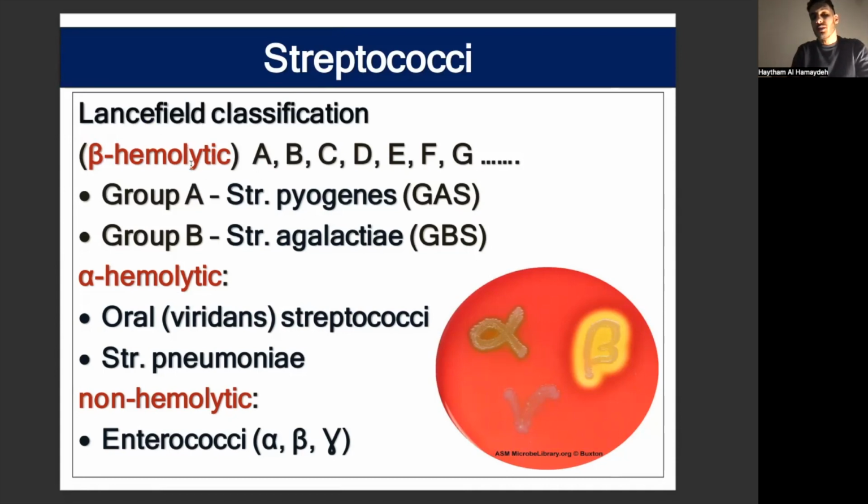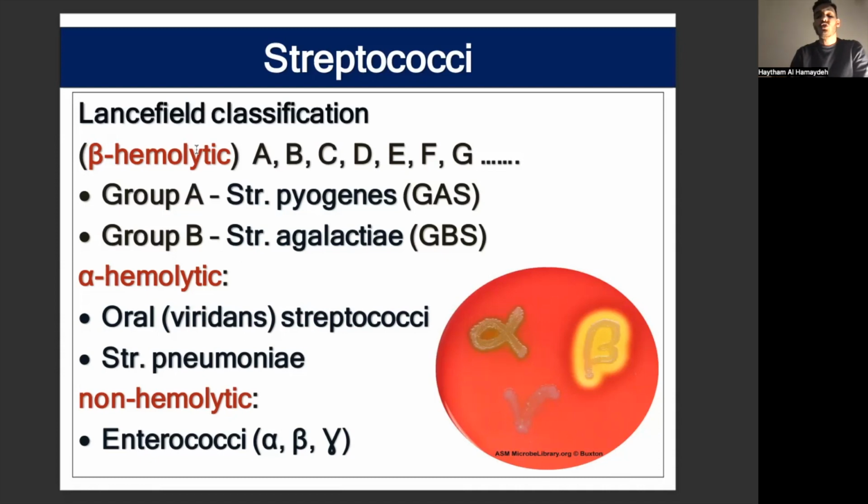Alpha hemolytic, and just to tell you, beta hemolytic means that they're able to fully digest hemoglobin or RBCs to release the iron out of them and use this iron in their metabolic pathways. Alpha hemolytic partially digests the RBCs, or what is called hemoglobin. And so there are two here, oralis and pneumoniae.